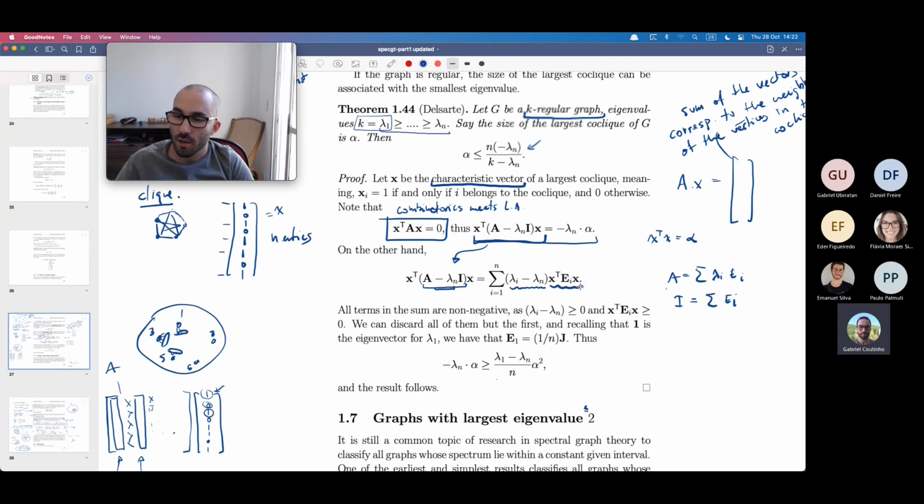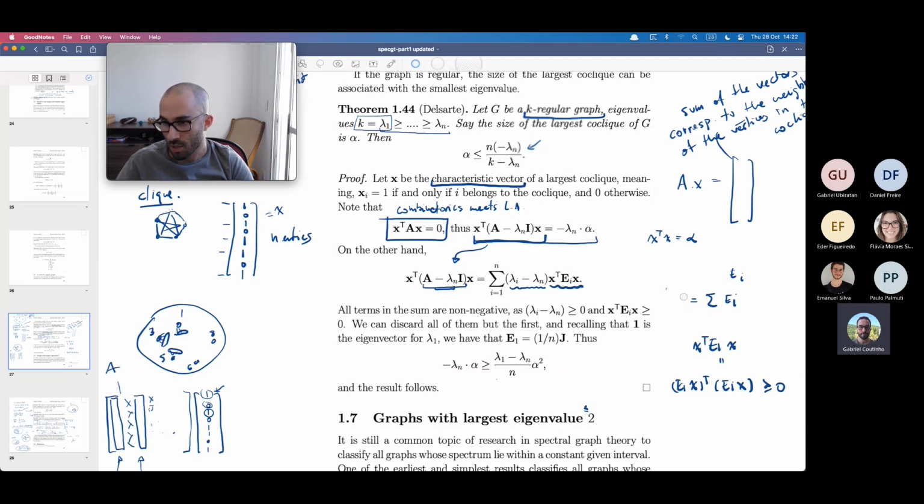And these things are the lengths of projections we saw last class. X transpose E sub i X is X E sub i transpose E sub i X, and this is always non-negative. So this is a sum of non-negative things. And I can discard all of them but the first, and I have an inequality.